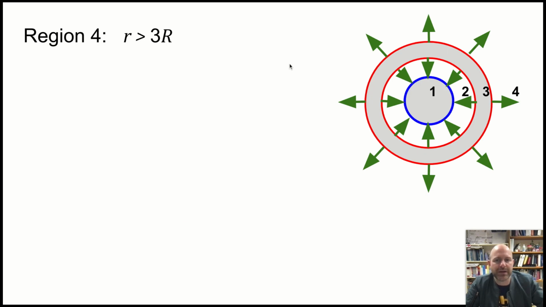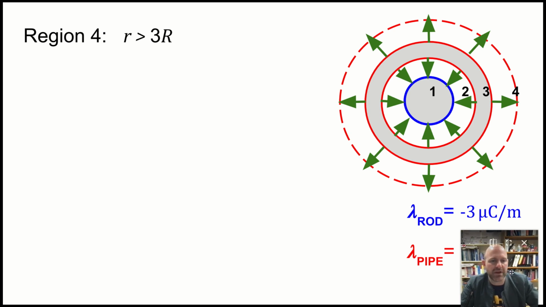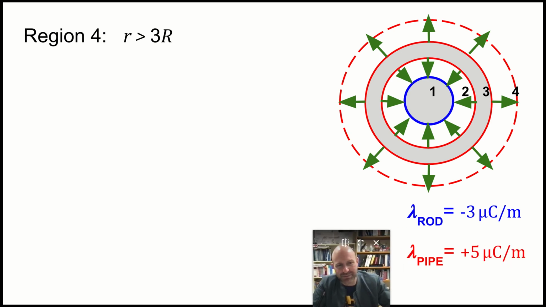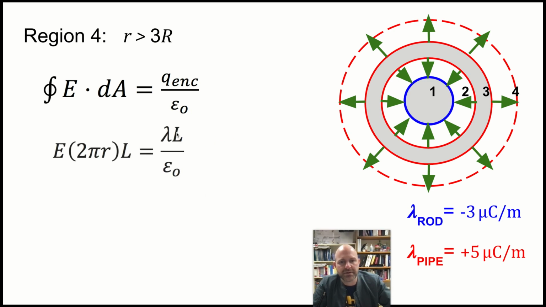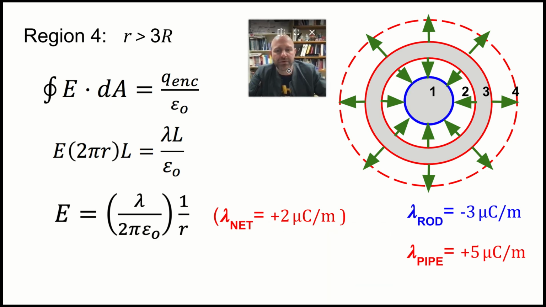Then we go to the outer region. You can draw a Gaussian surface outside. This is the easiest one. This is the one we could almost have done via Coulomb's law if we wanted to, but it's a cylinder, so we can't exactly. But we just add up all of the charge. So the Q enclosed is just lambda times L, and lambda in this case, in net, is plus 2 microcoulombs per meter.